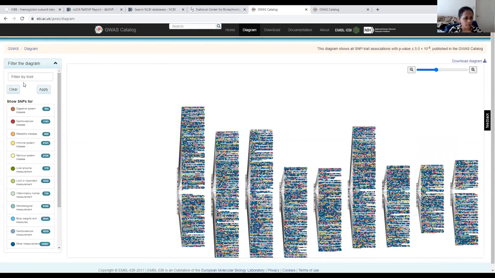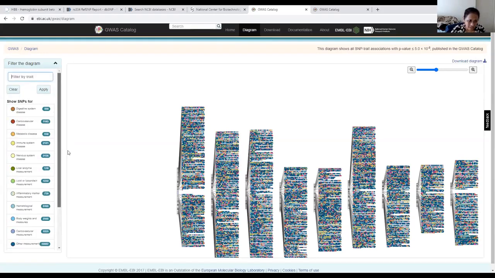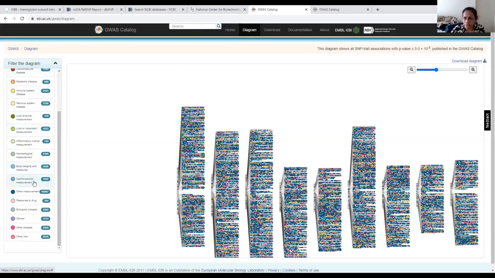Now if you go here, you can filter by trait. So you have digestive diseases, cardiovascular diseases, metabolic diseases, all of these different diseases. So this is another place where, if you are interested in a very specific disease, you can go anywhere here and do all of these things.